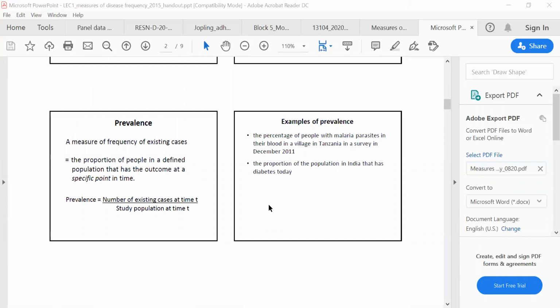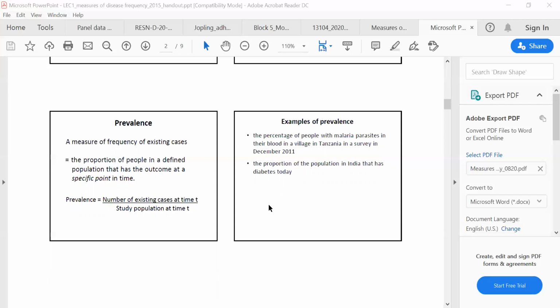So let's take, for example, a class of 20 people. In that class of 20 people, let's say we test for HIV. We found that out of the 20 people in the class, 10 of them are HIV positive.